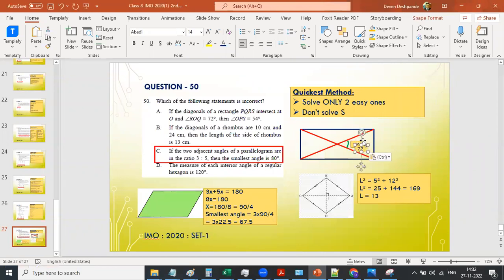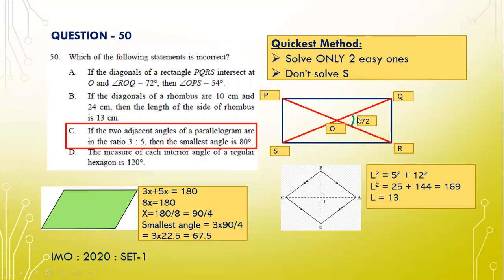Let me just draw the rectangle PQRS, and this is O. ROQ is 72. Then what is OPS or OQR?